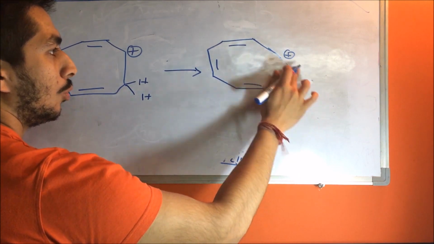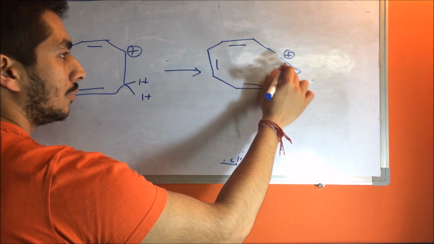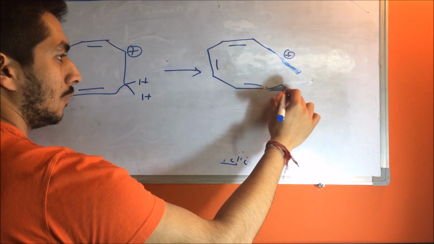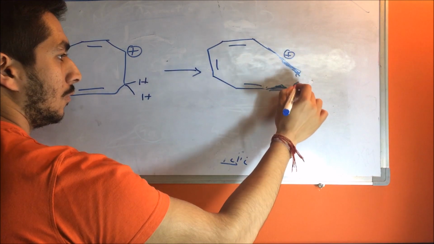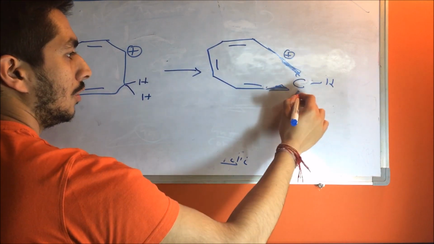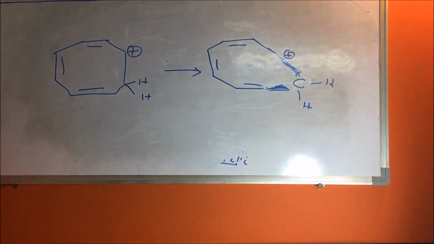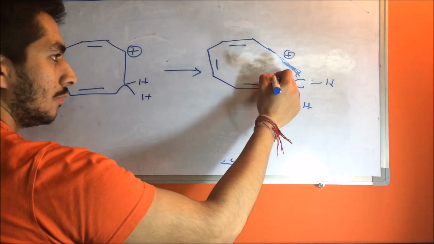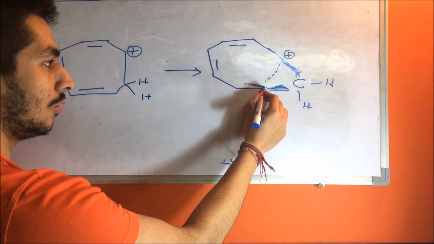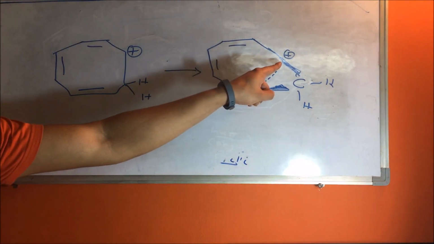I'll show it by bold bonds. So this carbon over here is actually going out of the plane, and this double bond is actually interacting with this positive charge.